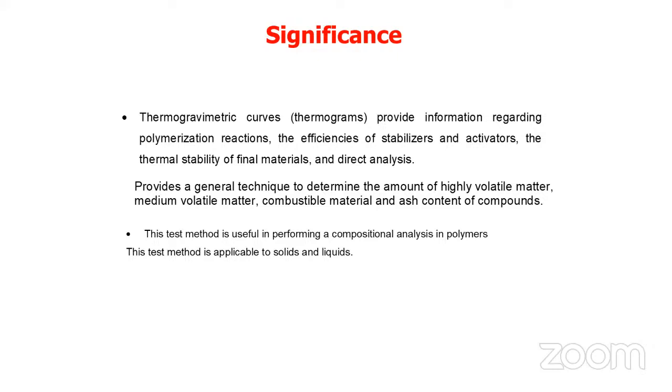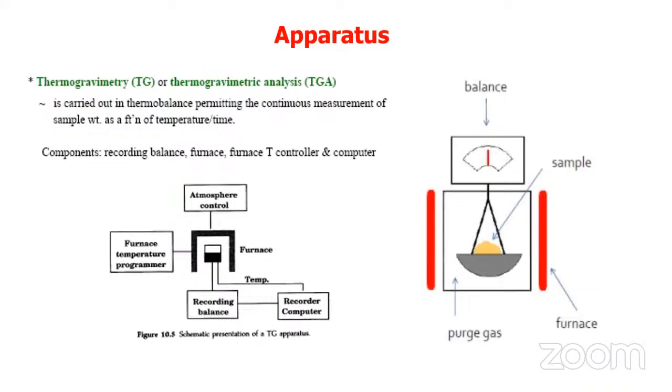It also provides a general technique to determine the amount of highly volatile matter, as it will evaporate under some temperature conditions, and medium volatile matter. This test method is useful in performing compositional analysis in polymers. This test method is also applicable to solids and liquids. These are nothing but the significance of the thermogravimetric analysis.